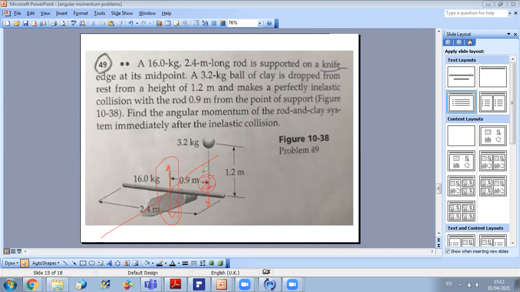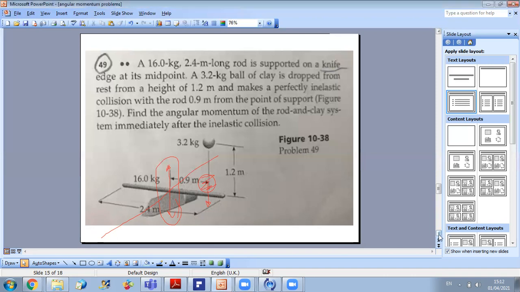Because it's a non-impulsive force I can neglect its moment about the axis of rotation. So the only force doing moment about the axis is the weight of the ball, but since it's a non-impulsive force, I can apply the principle of conservation of angular momentum. Clear?